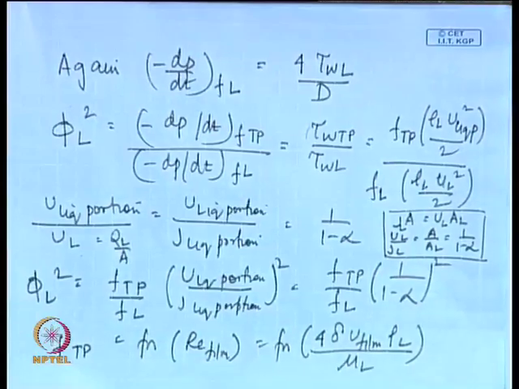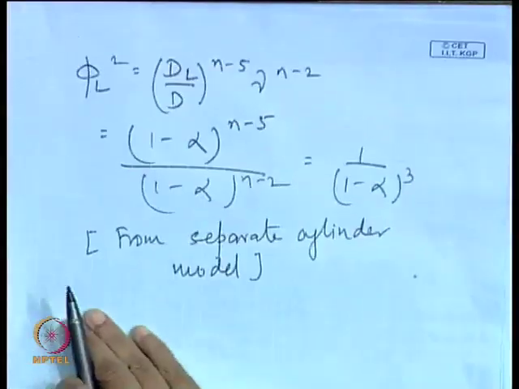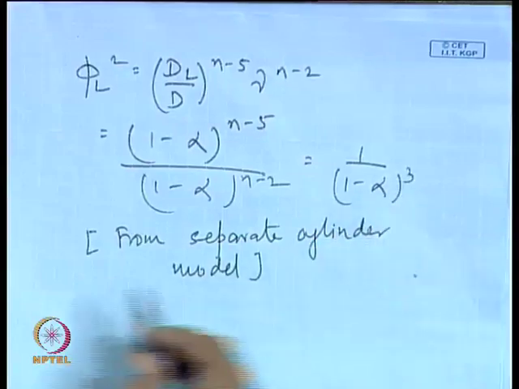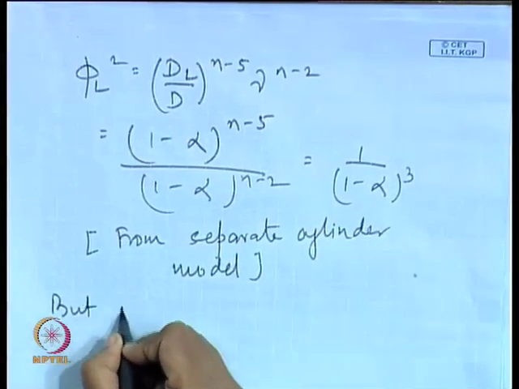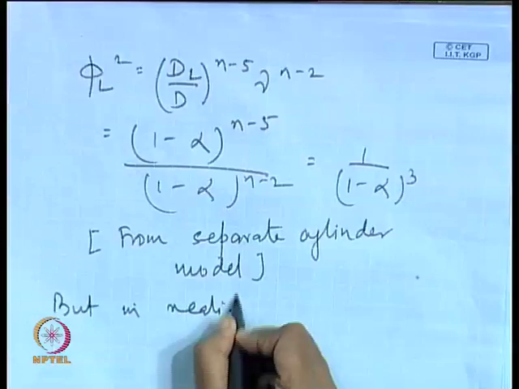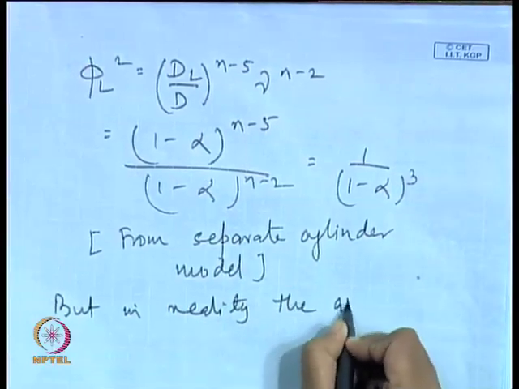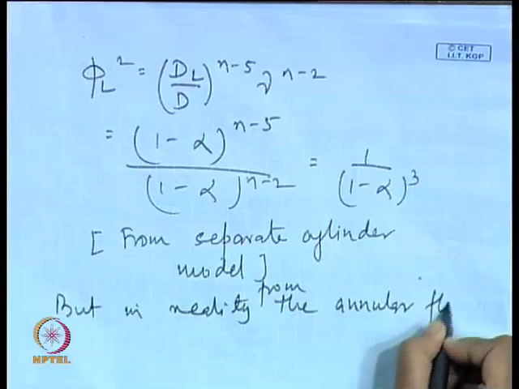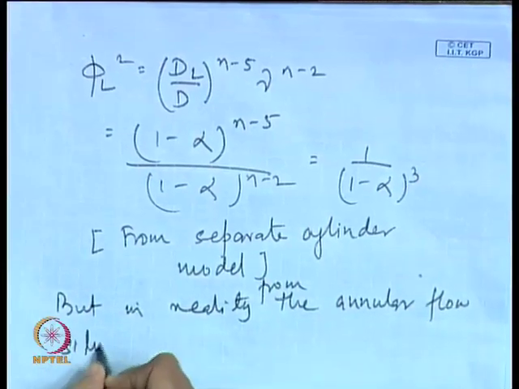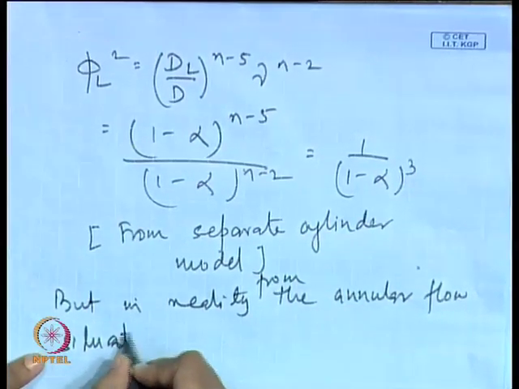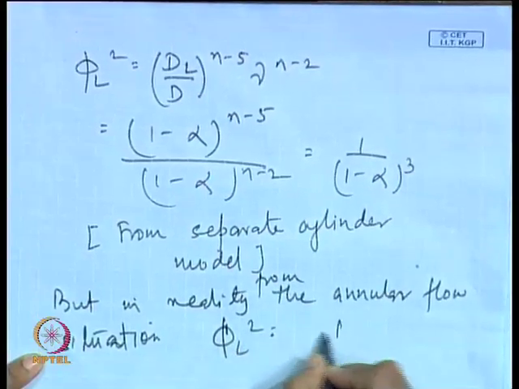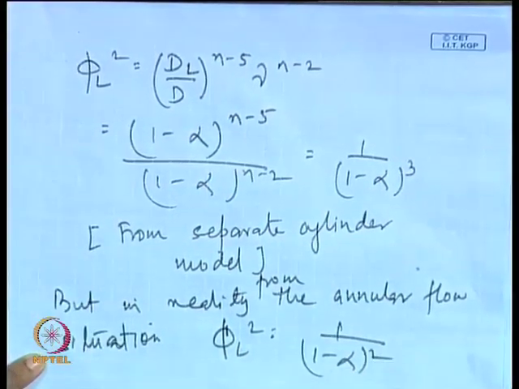So, therefore, from this what did I get? I obtained phi L square as 1 by 1 minus alpha whole cube, but in reality from the annular flow situation we obtain phi L square equals 1 by 1 minus alpha whole square.